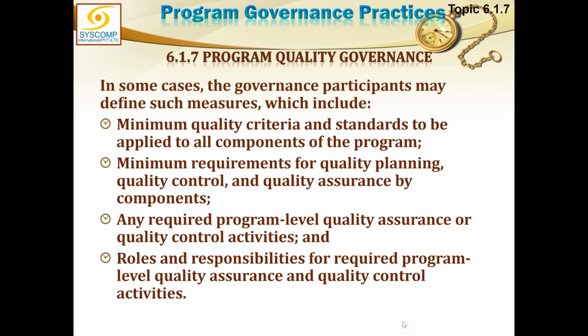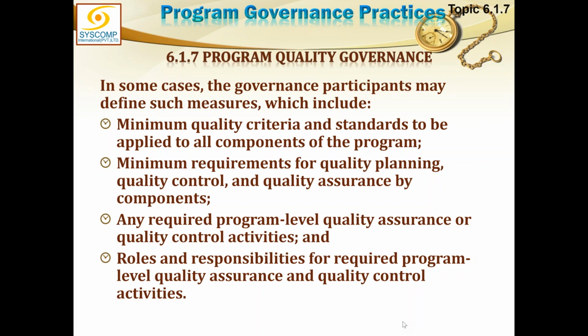In some cases, governance participants may define such measures which include minimum quality criteria and standards to be applied to all components of the program. Naturally, whatever is the program quality governance would be ultimately translated into the component governance.